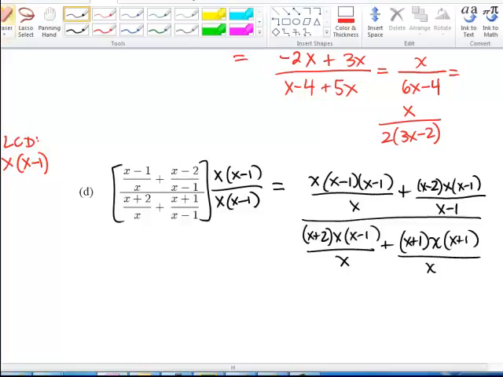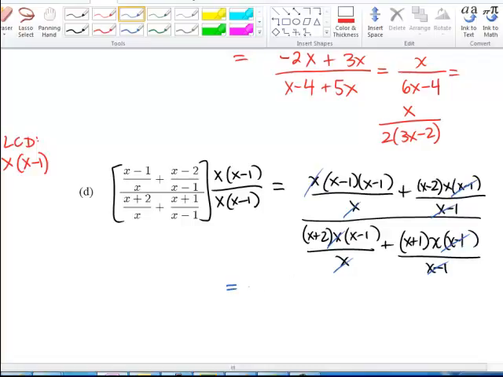Oops. That should be an x minus 1 on the last one. Then we reduce where we can. We can get rid of those x's, we can get rid of those x minus 1's, get rid of those x's, get rid of those x minus 1's, and see what's left.